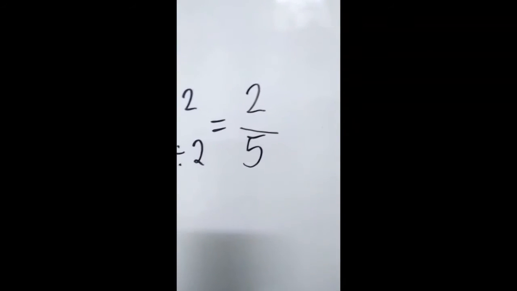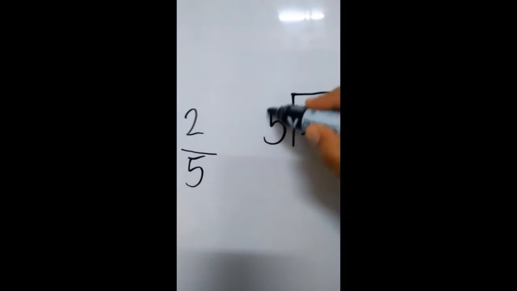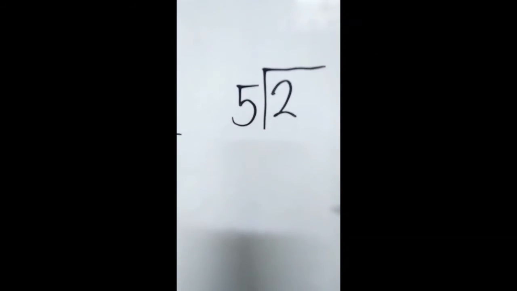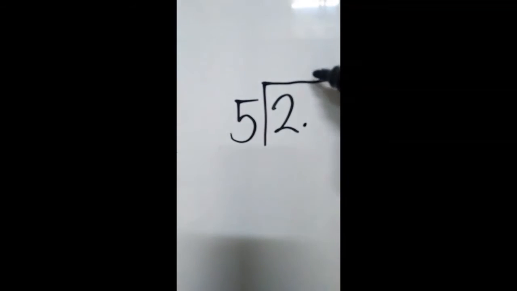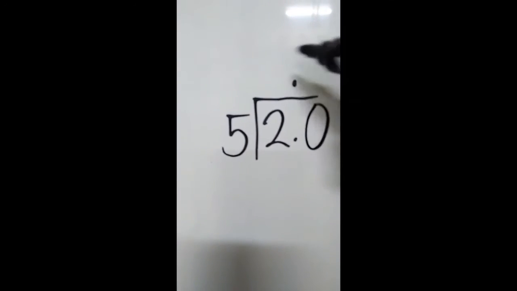In 2 over 5, what is the decimal of it? So it means we're going to divide 2 divided by 5. 2 cannot be divided by 5, so we can put 0. We're going to put point, then put 0, put point here.